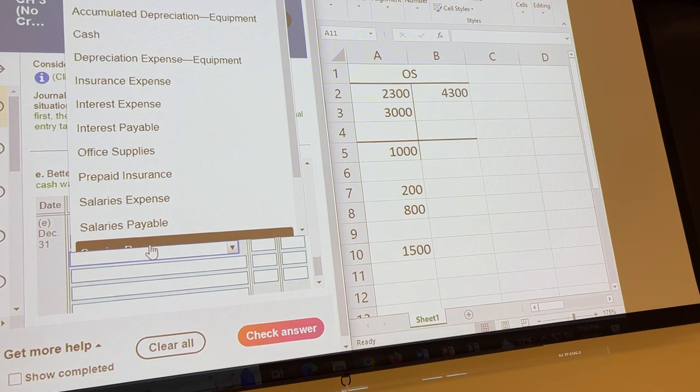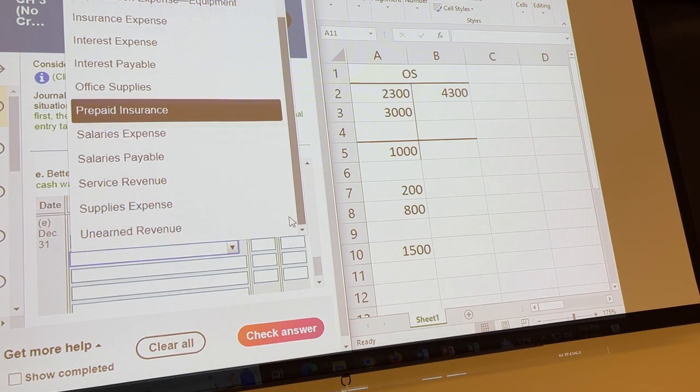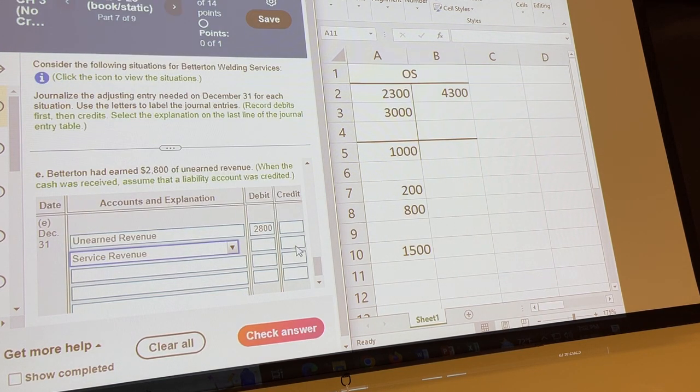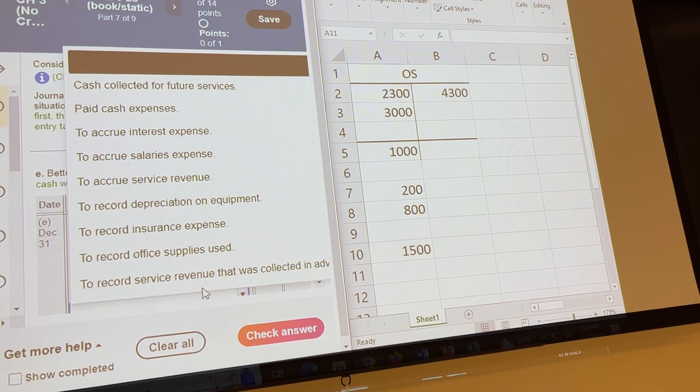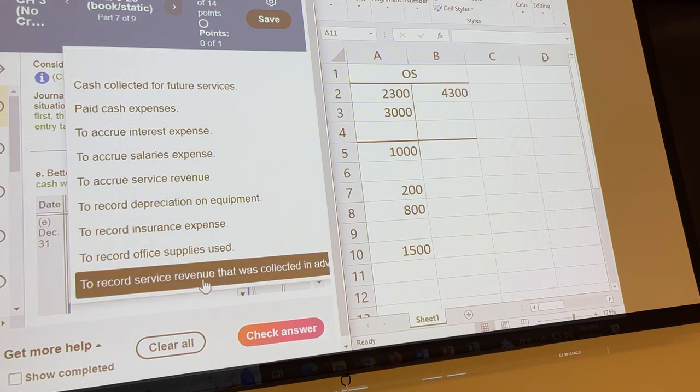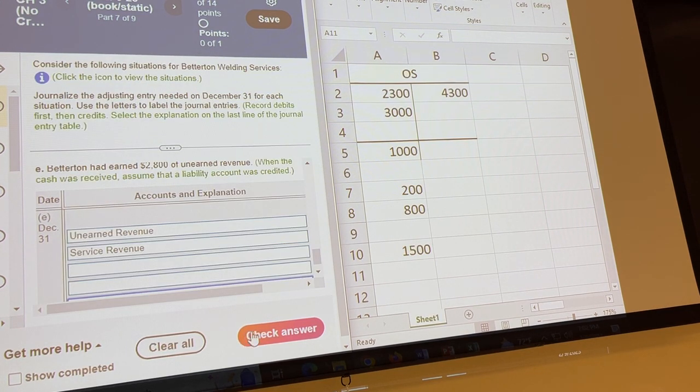And then we put it into service revenue with a credit, 2,800. And at the bottom, we put, to record service revenue that was collected in advance.